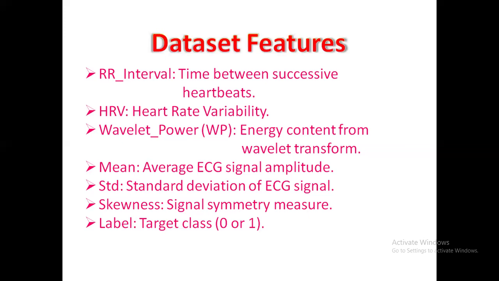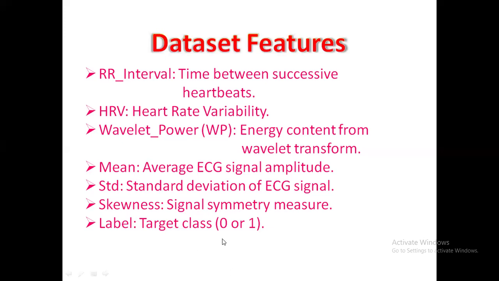Conversely, a low standard deviation might suggest a very stable or even flatline signal. These statistical features give insight into the variability and stability of the heart's electrical activity, which is especially useful when detecting events like ventricular fibrillation or atrial flutter.